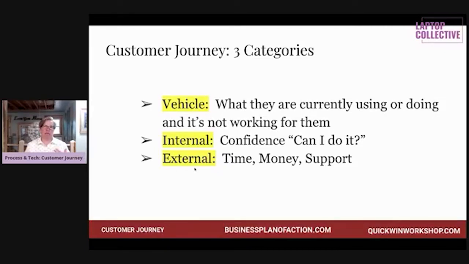So if that light bulb is kind of coming on right now, or if you need to go back and watch this again, it's okay. It's a new concept. All we're doing is taking an abstract idea about people's objections around your product and service, and we're organizing them into categories. And then when we organize them into categories, we'll see how the magic comes into play here in just a second.